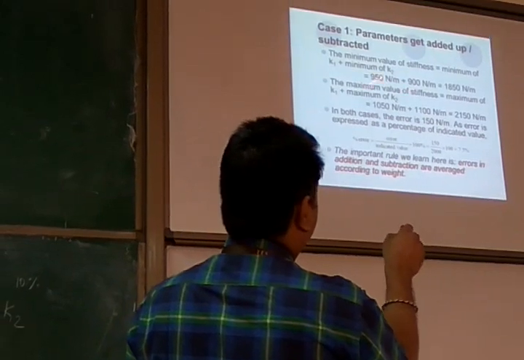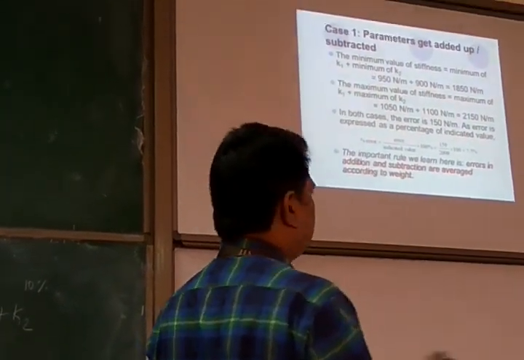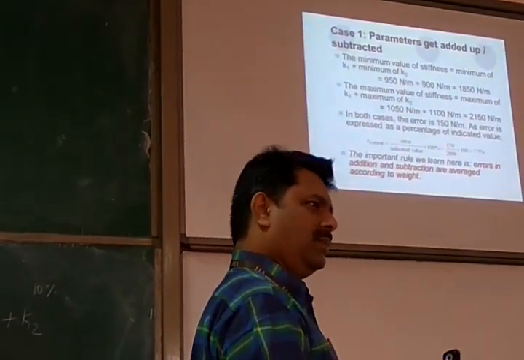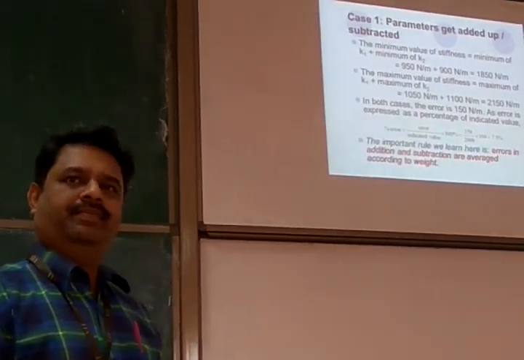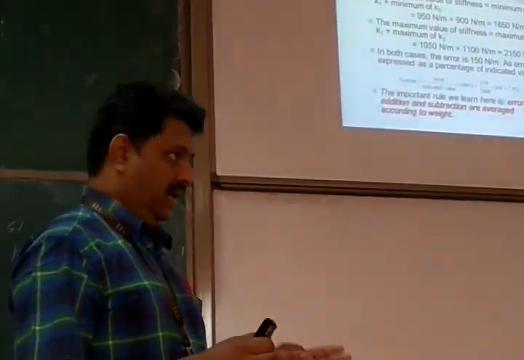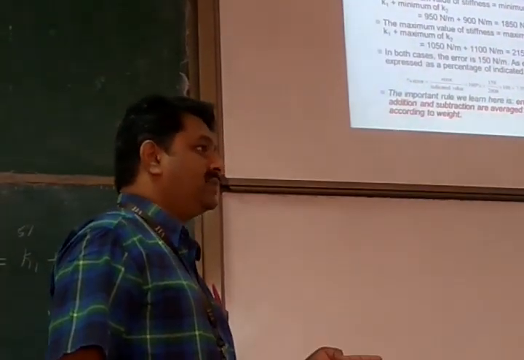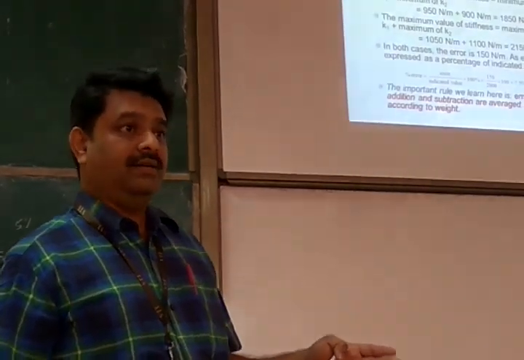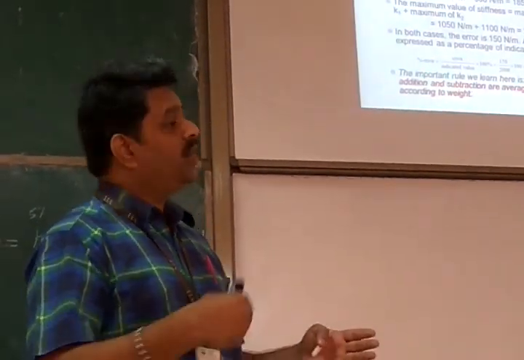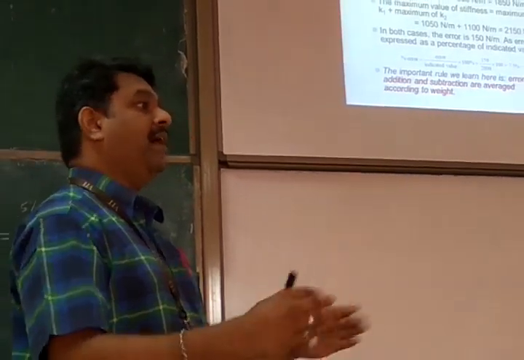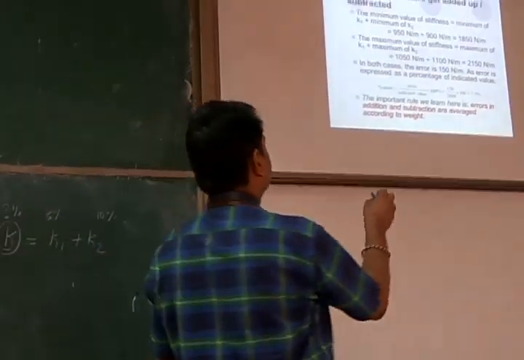So on lower side and higher side, it happens to be same. It need not be same always. An instrument may have uncertainty of plus 50 minus 100 or minus 100 plus 50. It can have error in any way, but then here it happens to be same.